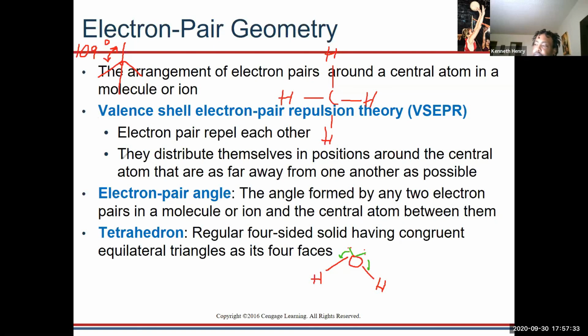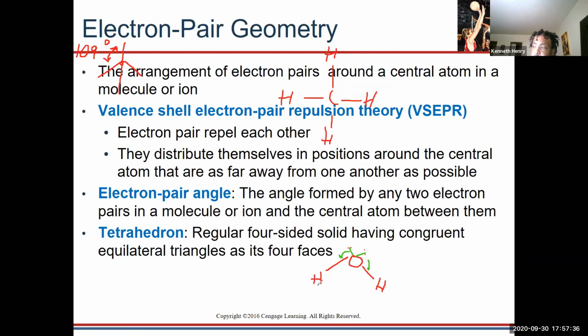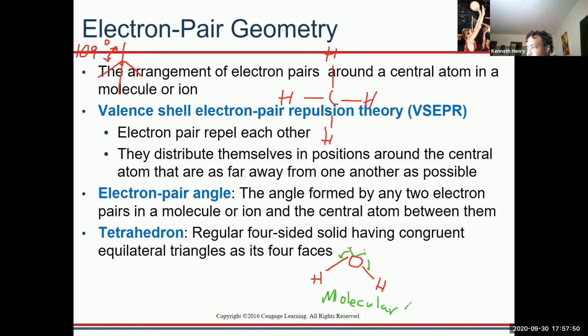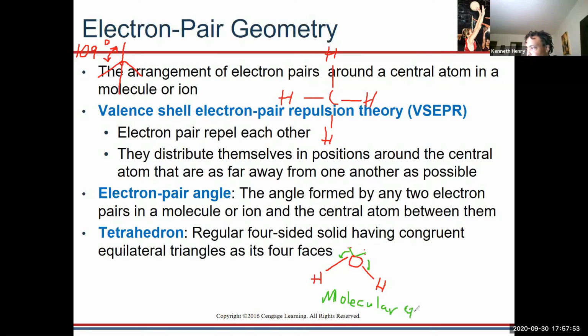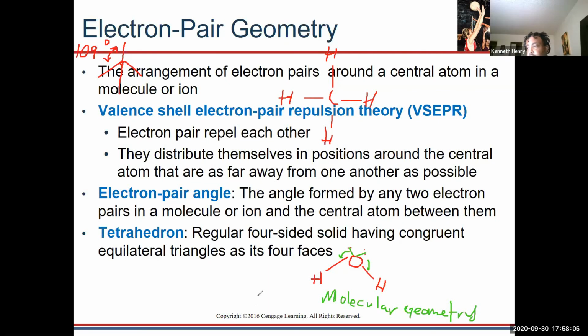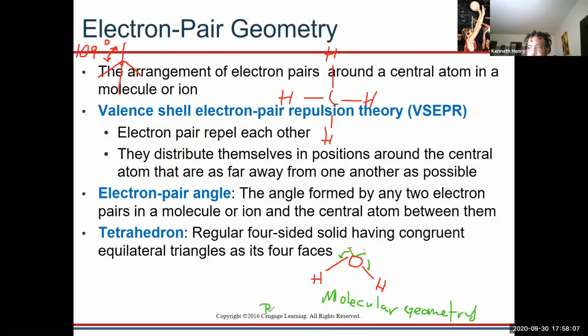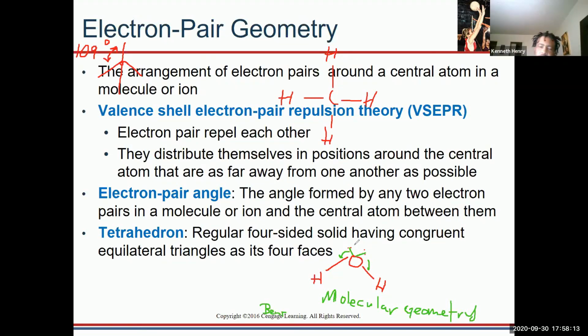But because they do exist and they cause that bend for those atoms, the molecular geometry is going to be bent, because the electron pairs are not going to be visible to us.